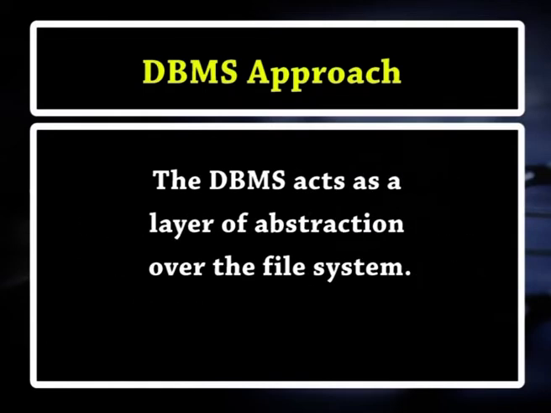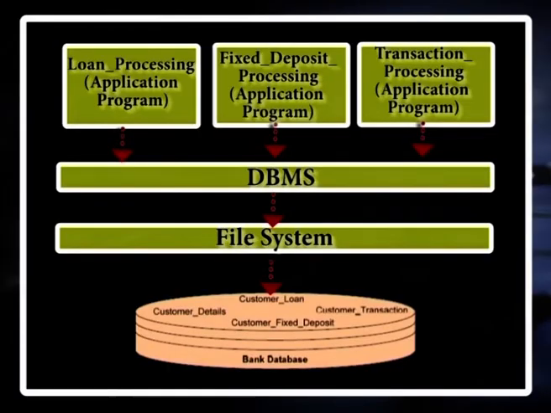The DBMS acts as a layer of abstraction over the file system. Here, abstraction means the simplified representation of something that is quite complex. Look at the figure. In the file system interface, the end user uses an application program written in a high level language such as COBOL to access the data from the customer details file.